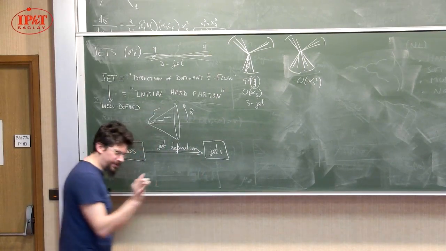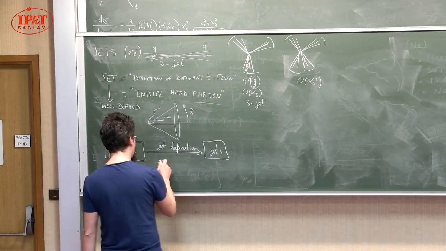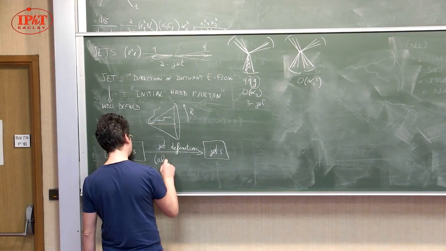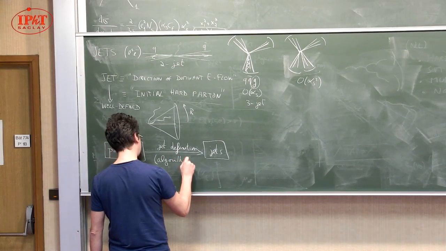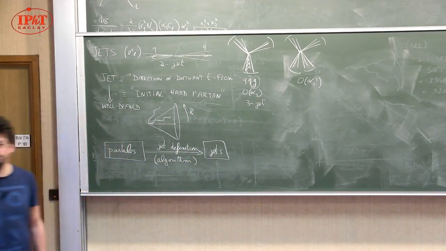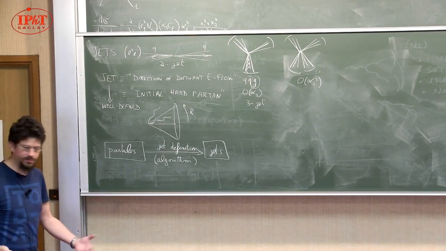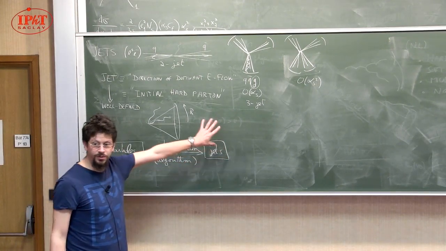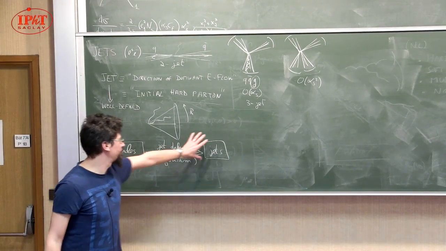This is, give or take, made of two ingredients. The first one is an algorithm. The algorithm is generally the recipe that you can write on paper, or implement in a computer, that goes from particles to jets.